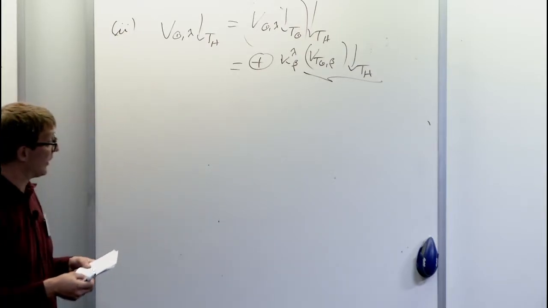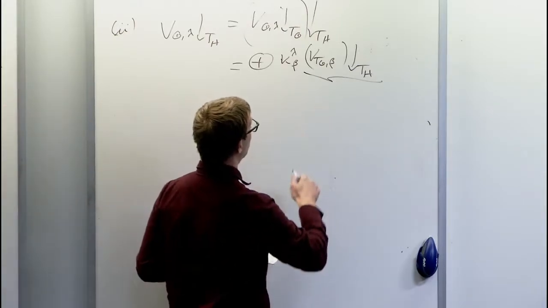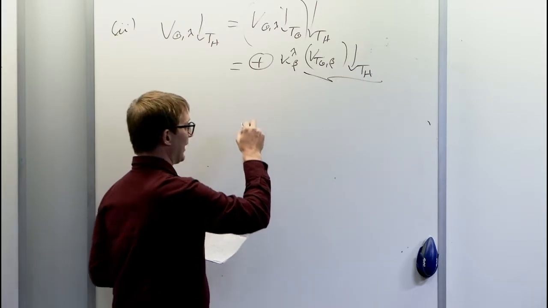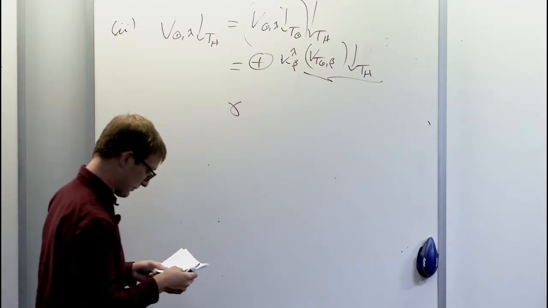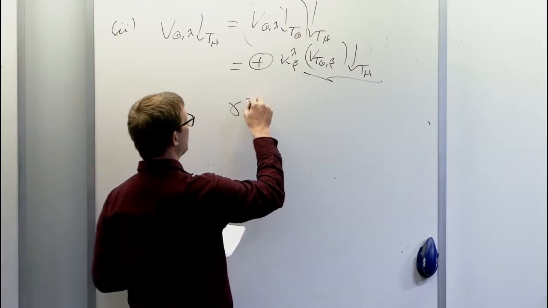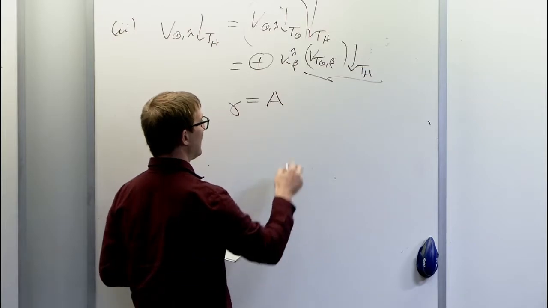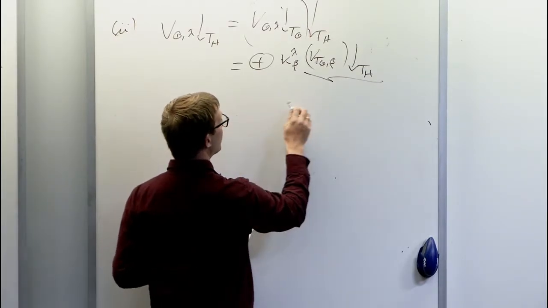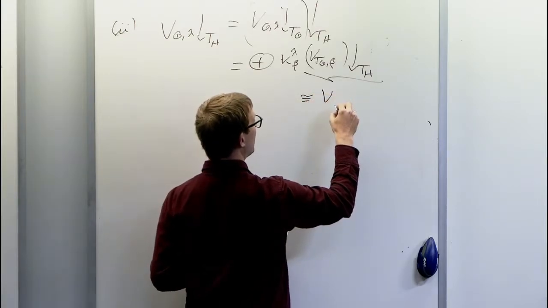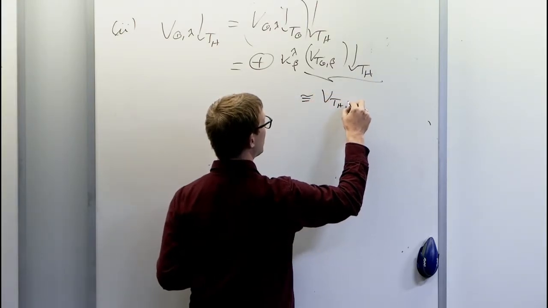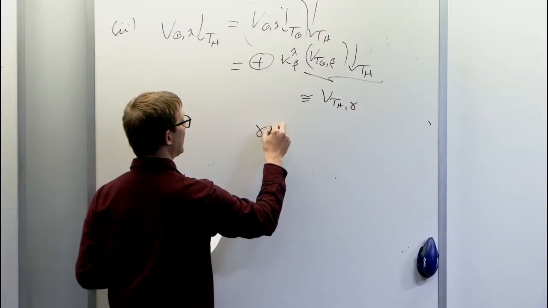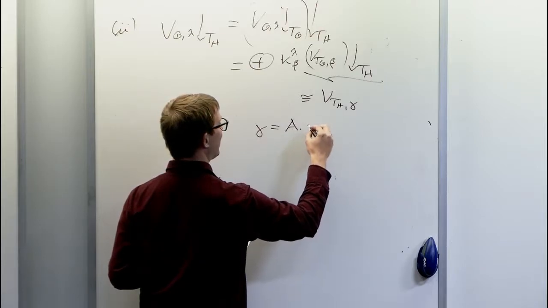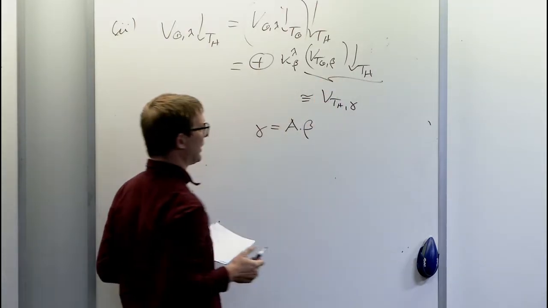Okay, and one can compute that. What you find is, we're going to abbreviate here a little bit, that you can write it again as the gamma that you obtain here. So this here will be isomorphic to some V_{T_H} gamma, and the gamma fulfills again a linear relation with some fixed A that you apply to beta.